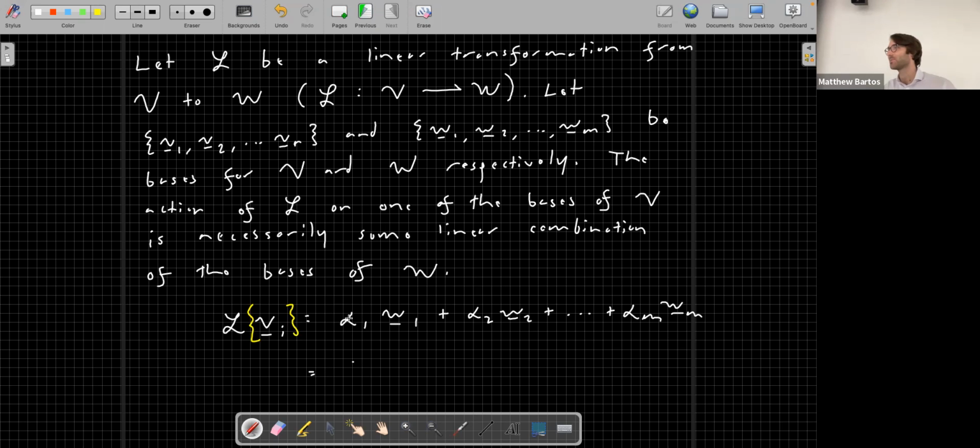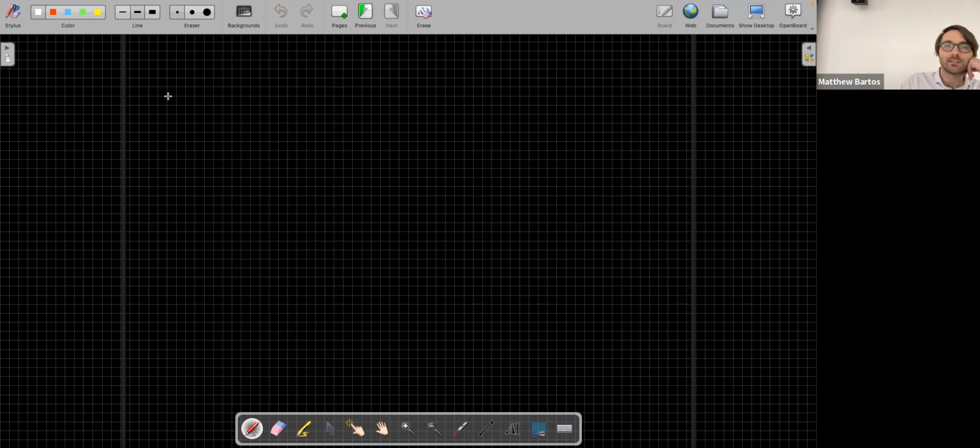Yeah, this is alpha, so this is just some scalar. Okay, so it's some linear combination of the bases of W. We can also write this using our definition of the matrix vector product as some matrix W and some vector alpha, where W is just the bases of our codomain stacked together.